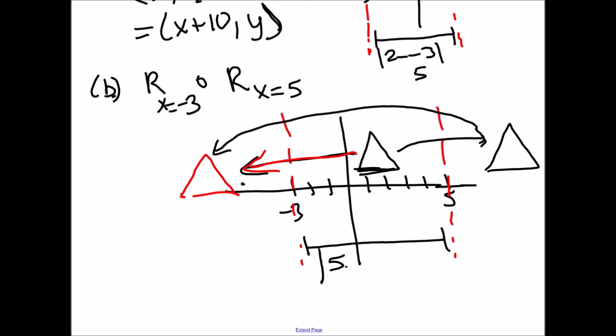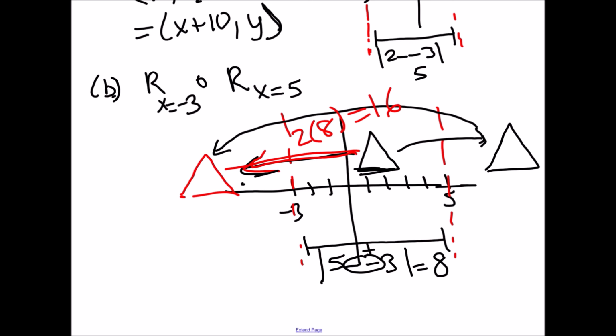The distance between these two lines is given by the absolute value of subtracting those two numbers, 5 minus -3. And we know a double negative is positive, so this is really just 5 plus 3. So the distance here is 8. And so now it's going to be twice the distance between these two lines, right? So the distance that this moves to the left is 2 times that number, so 2 times 8, which is 16. And so it's going to be moving to the left 16.